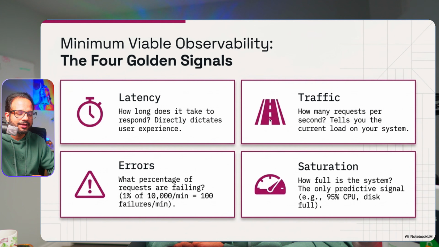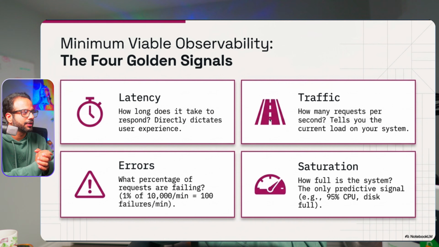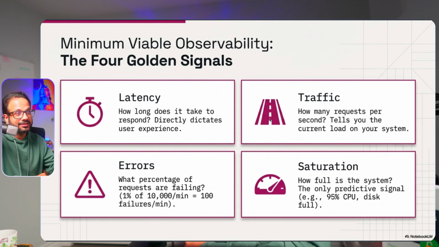So there is a term called minimum viable observability, and it has the 4 golden signals. These 4 golden signals are important. First is latency, which means how long it takes to respond, and it directly dictates the user experience. We have already looked into P99, P95 and P50 latency in the previous video. I'm sure you are aware of it. Then we have traffic. That means how many requests per second you're getting. It tells you the current load on your system. Then we have errors.